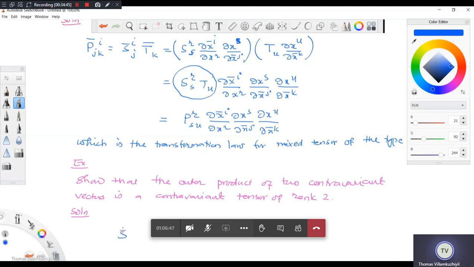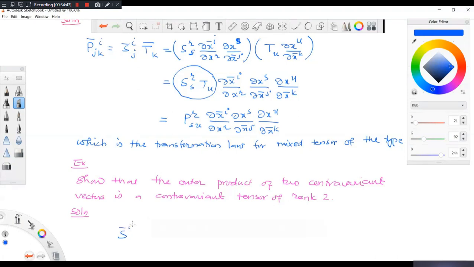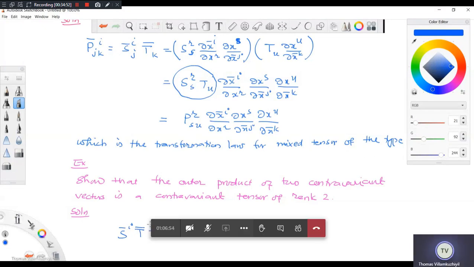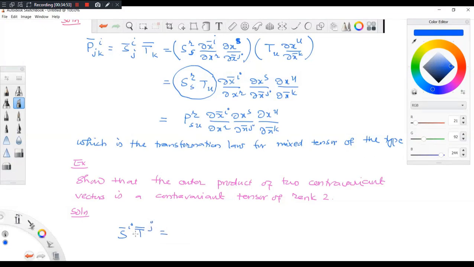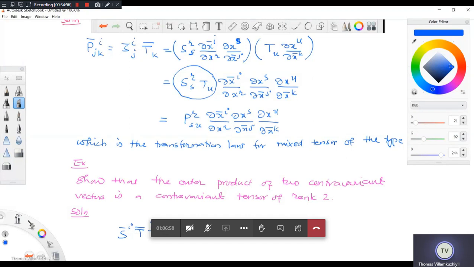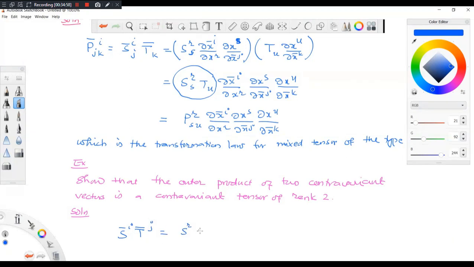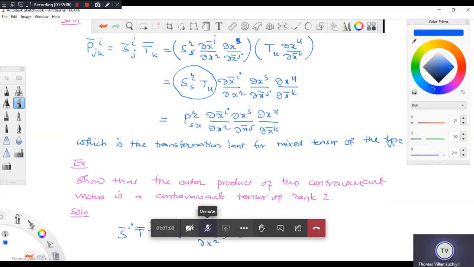Suppose I have one contravariant S^i and another contravariant T^j. What is the transformation law for S^i? S bar i will be S^r into del x bar i by del x r. For T^j, T bar j is T^s del x bar j by del x s.